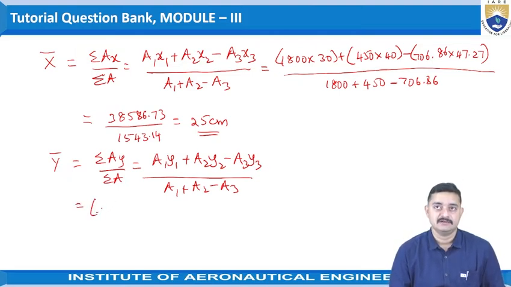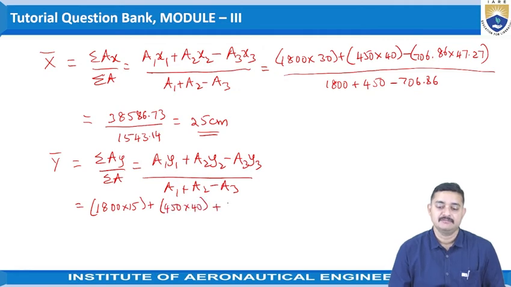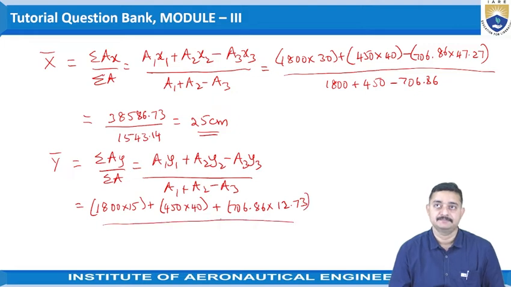The values are 1800 into 15 plus 450 into 40 plus 706.86 into 12.73 by 1800 plus 450 minus 706.86.